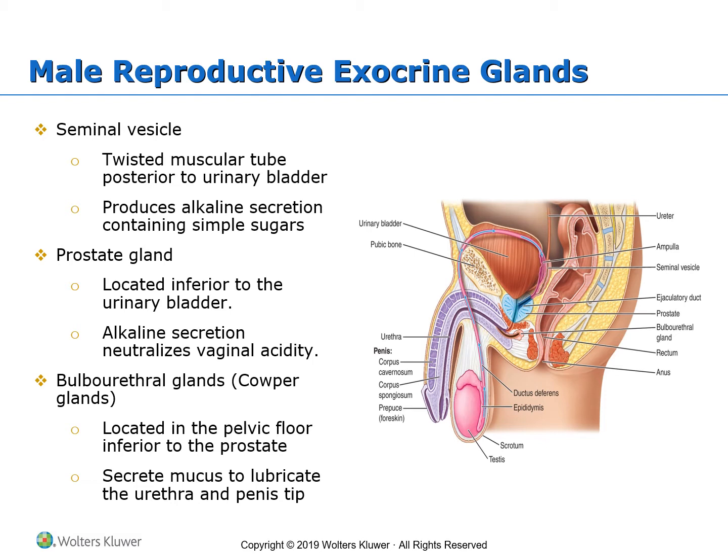They will secrete mucus that will lubricate the urethra and the tip of the penis during sexual stimulation. Other very small glands will secrete mucus into the urethra as it passes through the penis.